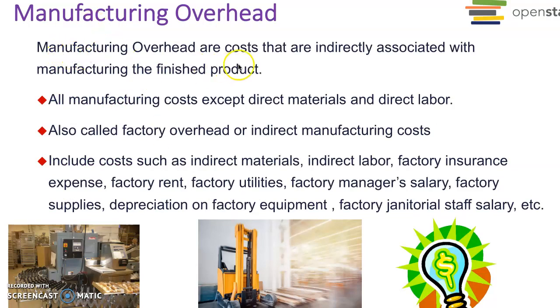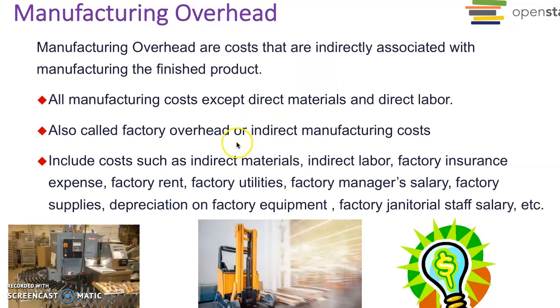So as I mentioned, manufacturing overhead are costs that are indirectly associated with manufacturing the finished product. We need to spend money in the factory to produce the end product.